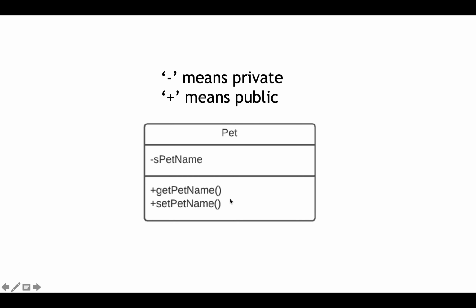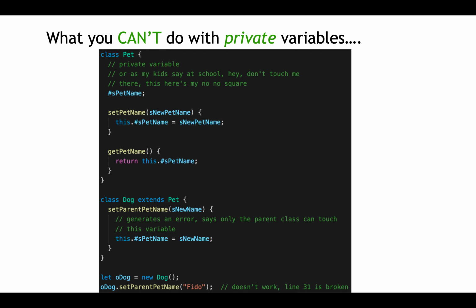In terms of the actual JavaScript, a minus sign, of course, is going to be represented by a pound sign, and a plus sign just means that you don't put anything special in front of it like a pound sign. So this is just the universal language for talking about code and classes, and then what we do in JavaScript is a slight modification of that. Okay, a little bit more to say about private variables in particular.